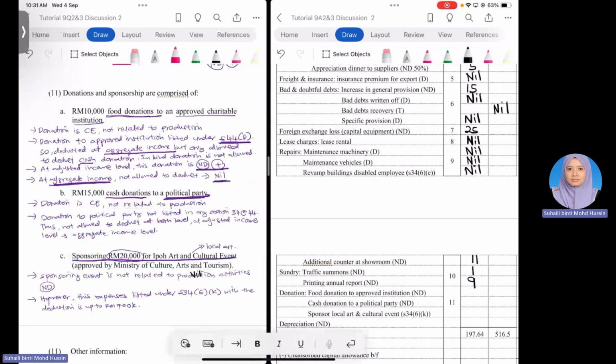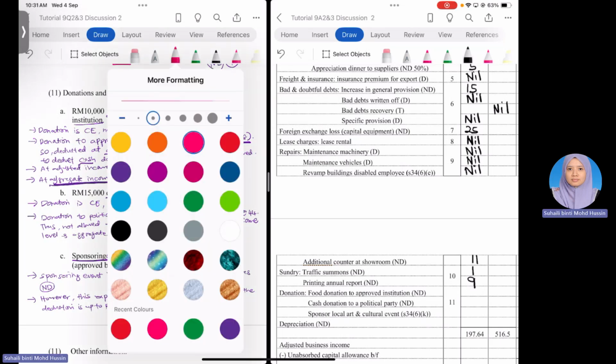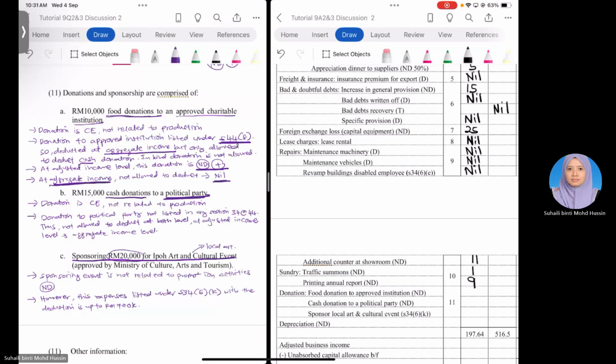Okay, 11A, the company made the donation to the approved charitable institution. So the first payment for donation and sponsorship is donation to the approved charitable institution.